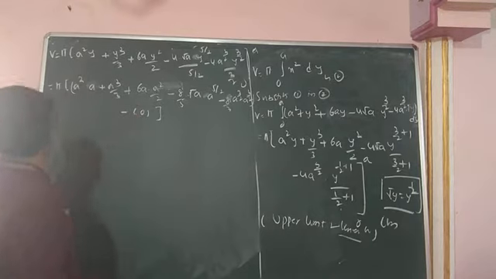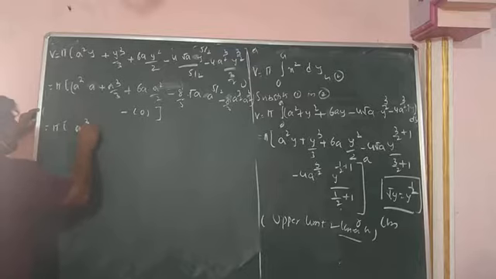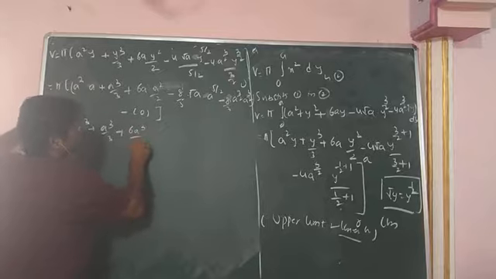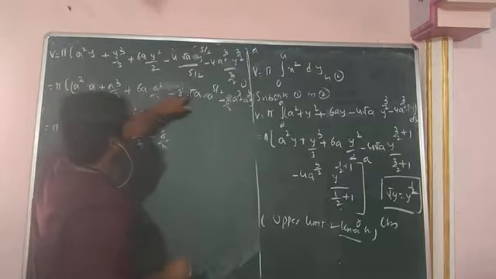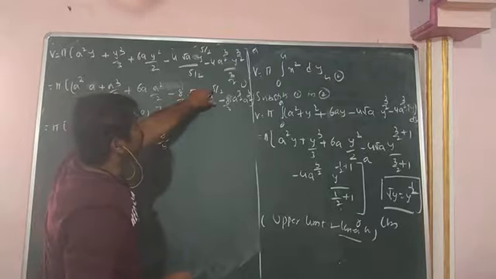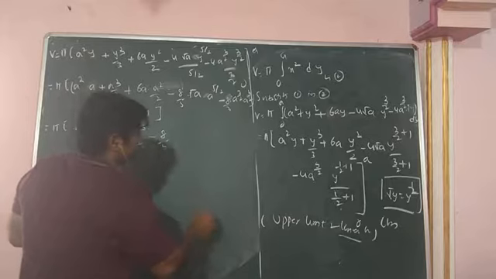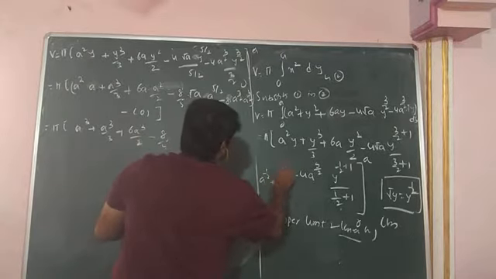And we simplify that. Pi equal to a into a square, a cube, plus a cubed by 3 plus 6 a cubed by 2, minus 8 by 5 into root a into a power of 5 by 2. This is nothing but a power of 1 by 2 into a power of 5 by 2.